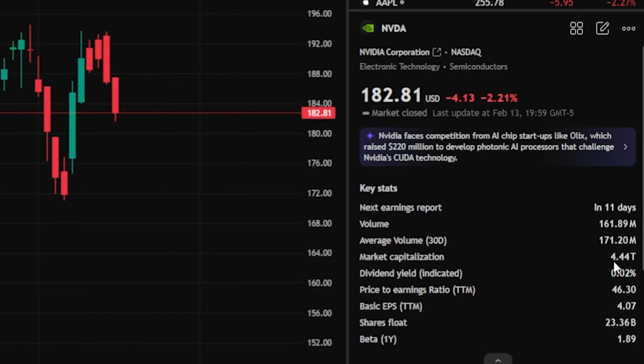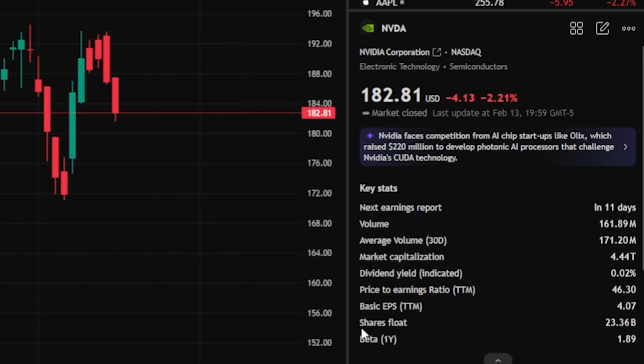You get the mid caps, which are in the 100 million to 500 million dollar range, and then you get the small caps, which are below 100 million, which pretty much means less than $100 million is invested into the company.